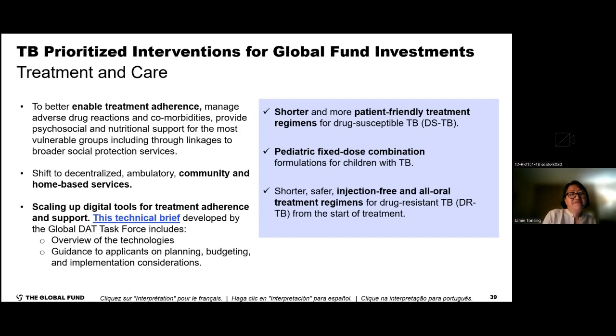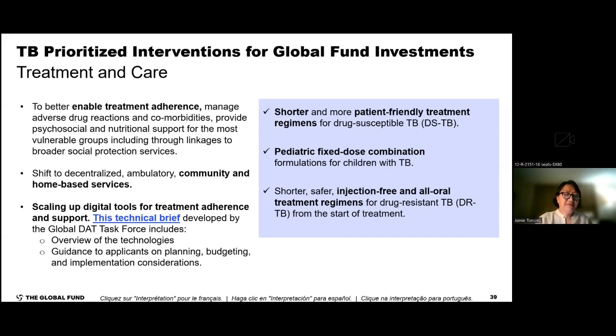We would like to see even much further shift to decentralized ambulatory, community, and home-based treatment services, just like we want for the diagnostics, also for treatment. We would like to see scale up of digital tools for treatment adherence, but beyond that, we are seeing much more telemedicine, teleconsultation, trainings that are happening digitally, even big meetings, supervision.